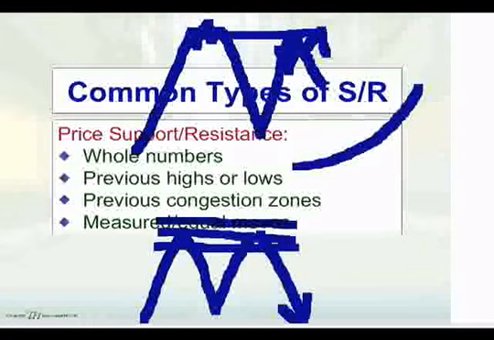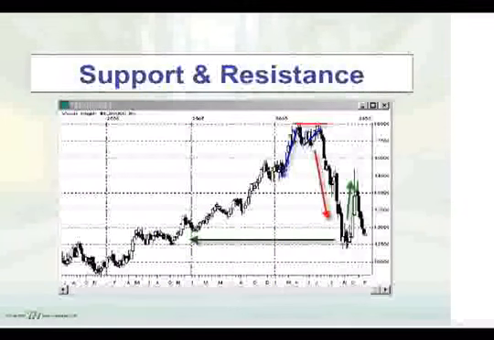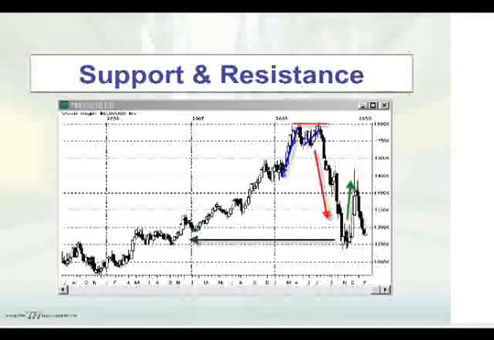So think of these previous highs and previous lows as these congestion or resistance zones. Like I mentioned, a lot of times you'll have a little bit of congestion, and congestion levels are another really great place to identify support and resistance. This is one of the major tools that I use to identify target levels.